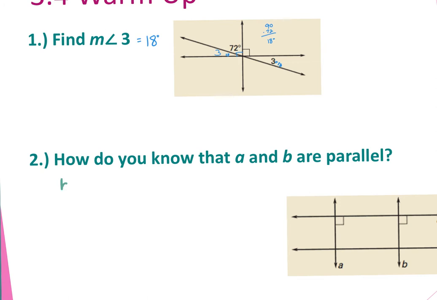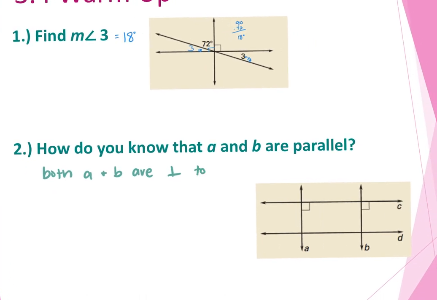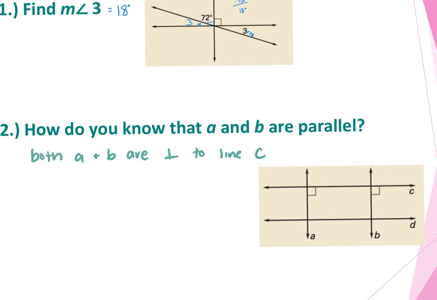Okay, so what theorem would we write? It's the perpendicular line transversal theorem. They are both perpendicular to line C. Can we just write that on the test? Can we do that for every single one?